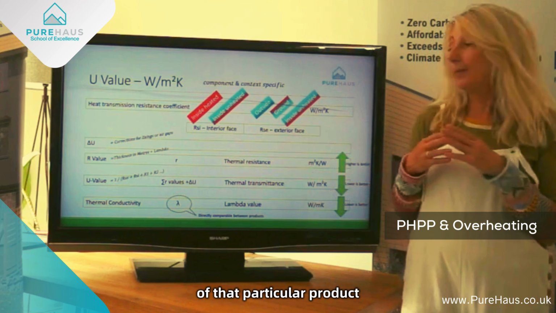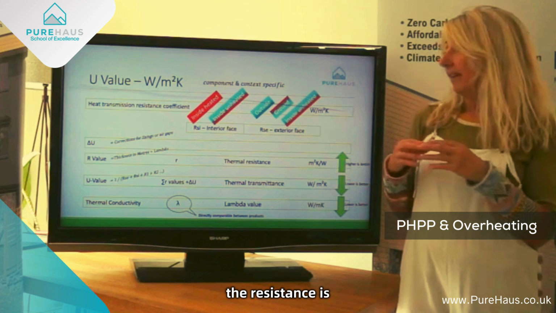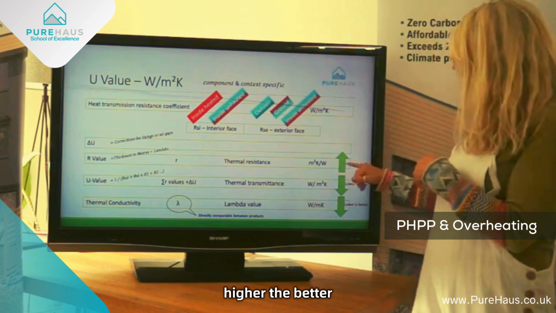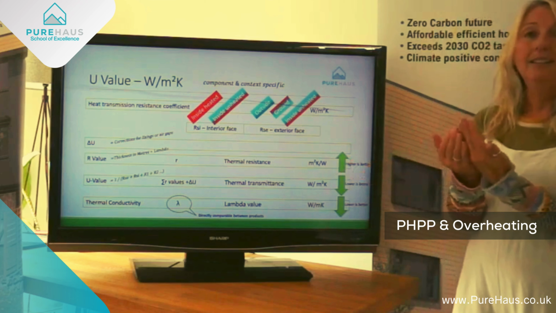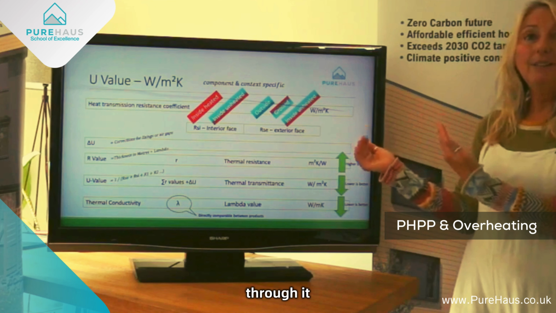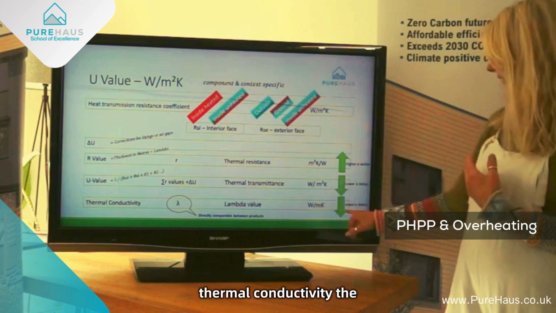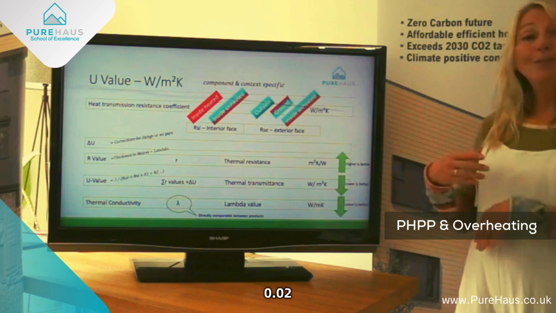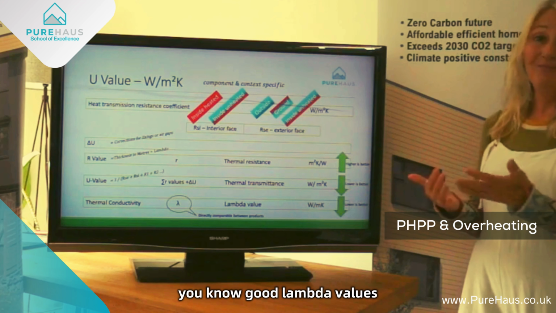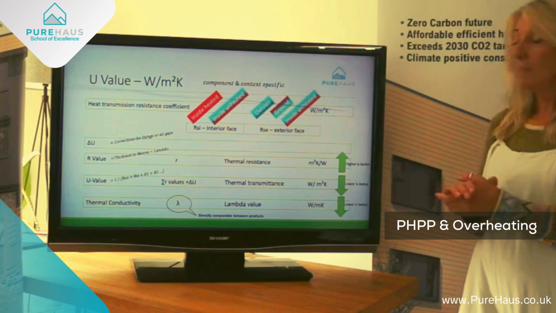The resistance of that particular product is better the higher it is, because the more it can resist the transmission of heat through it. Thermal conductivity, the lower the better. 0.03, 0.02, good lambda values.